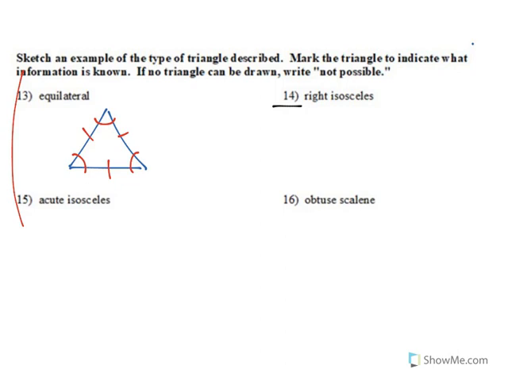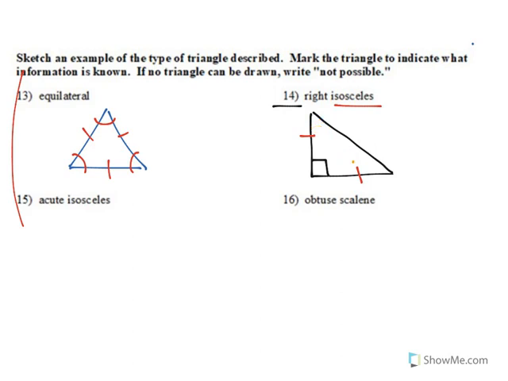And a right isosceles, so I'm going to go ahead and sketch this. Now, I'm going to be very clear that I have a right angle right here. Maybe erase just a little bit to make it look nice and neat. I know I have isosceles, which tells me that I have 2 angles and 2 sides equal to each other. Now notice this.